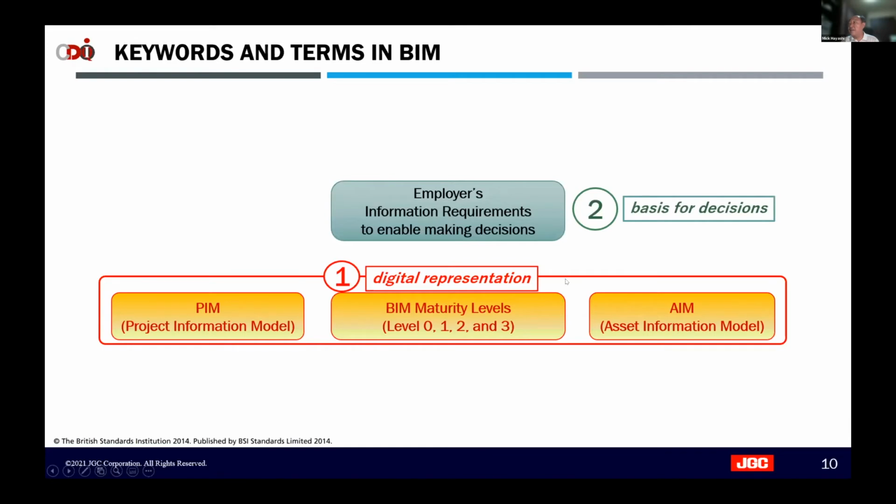And then basis for decisions. So BIM is used for decision making. That's why employers, who are actually the owners of the plants, give information requirements to the contractor to enable their own decision making.